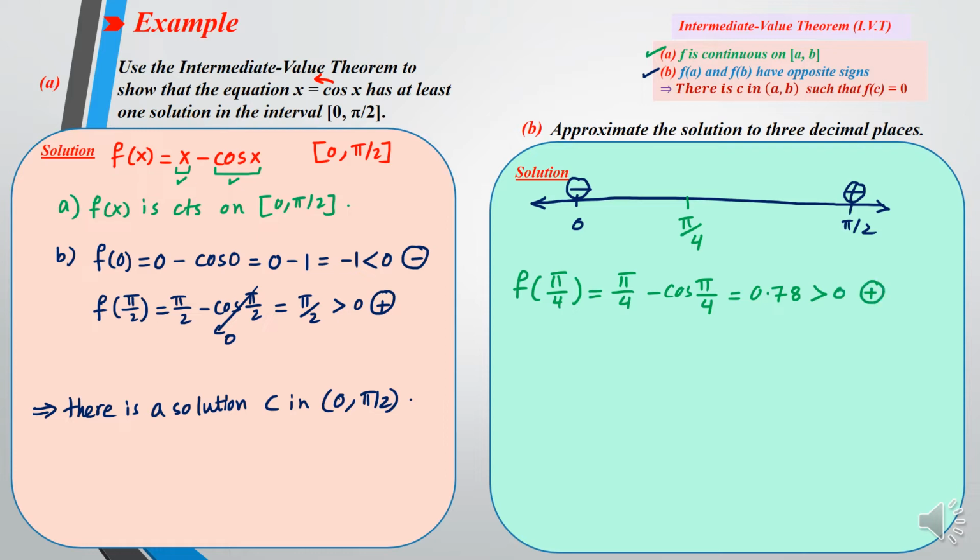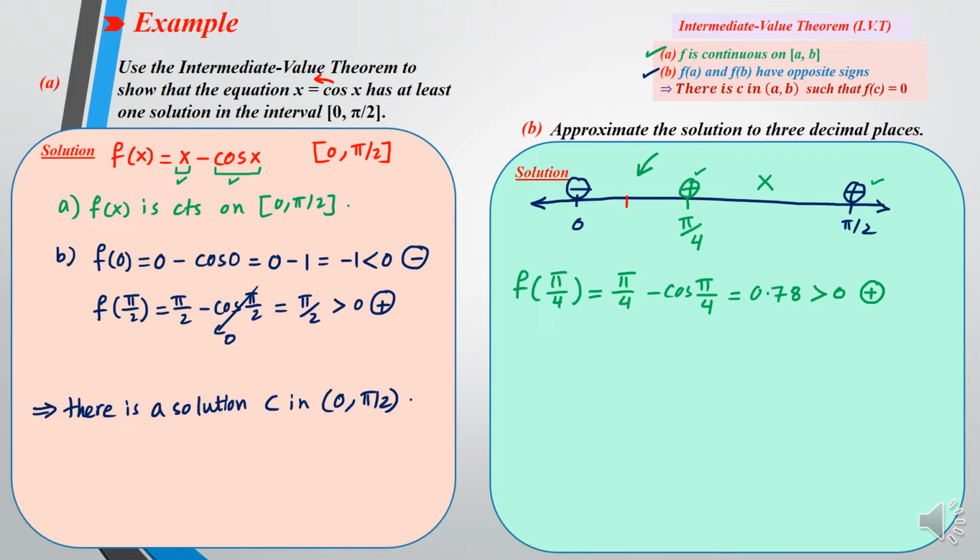So the image of pi over 4 under the function is positive. Now the root is somewhere here. It is not in this interval, because here we have positive and positive, so the root is between 0 and pi over 4.